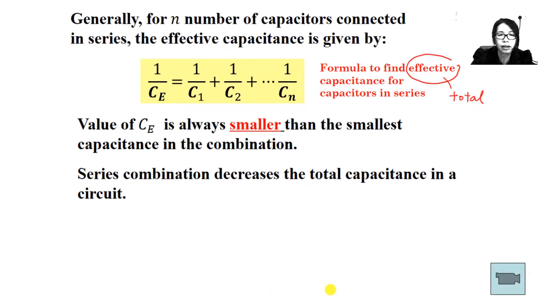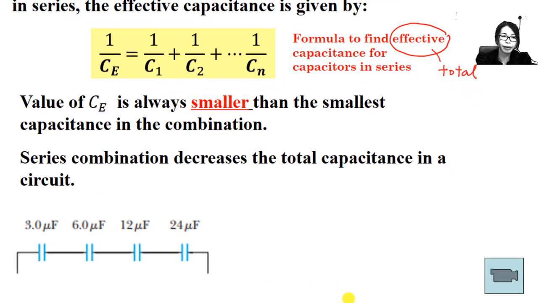So for example, I have four capacitors connected in series: 3 microfarad, 6 microfarad, 12 microfarad and 24 microfarad. I can calculate the equivalent capacitance by using the above equation.